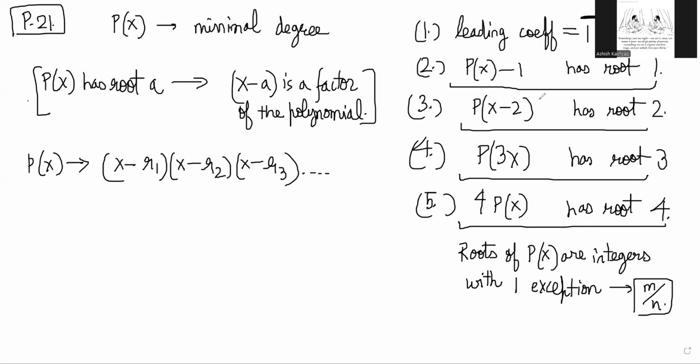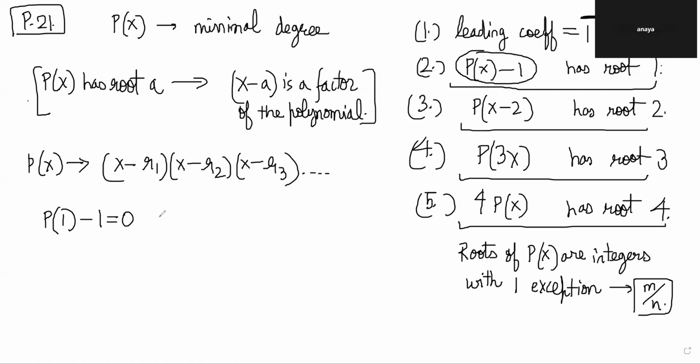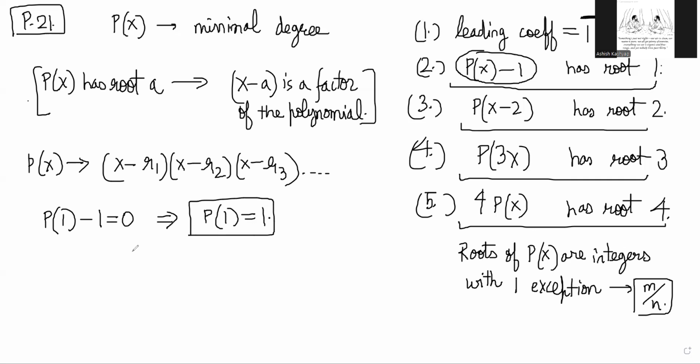So when you say p of x minus 1 has root 1, that means if you put 1 into this, it will be 0, right? Do you understand what I'm saying? Yes. So p of 1 minus 1 should be 0, which gives us p of 1 is 1, right?